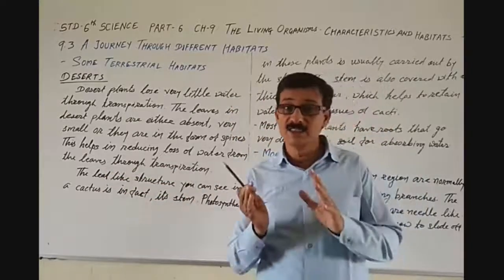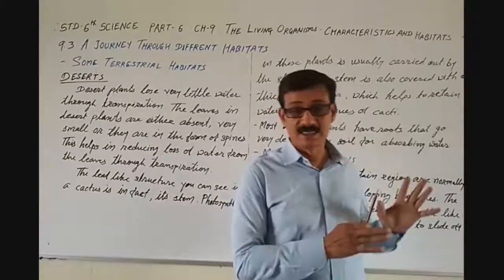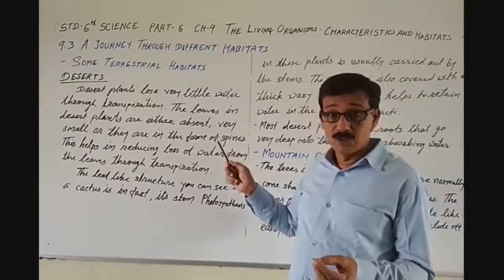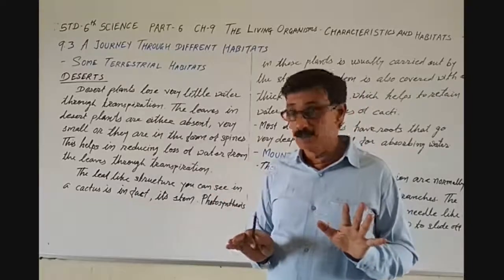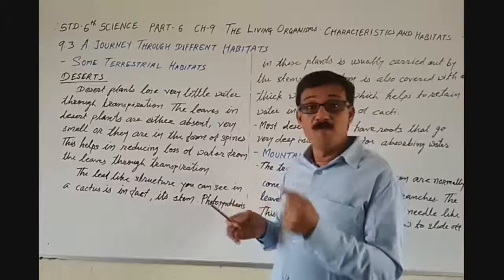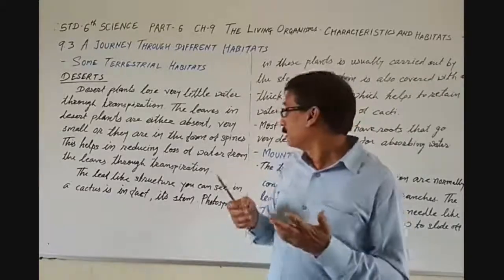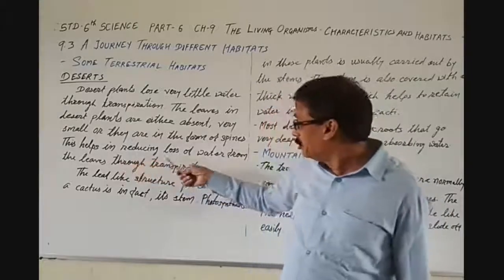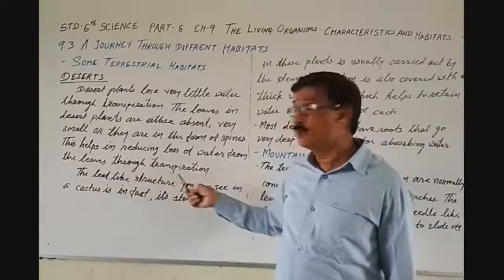That is why there is very little transpiration in the plants of the desert. Why? Because the leaves of the plants in the desert are either absent or very small, or they are in the form of spines. You know the spines. So this helps in reducing loss of water from the leaves through transpiration.